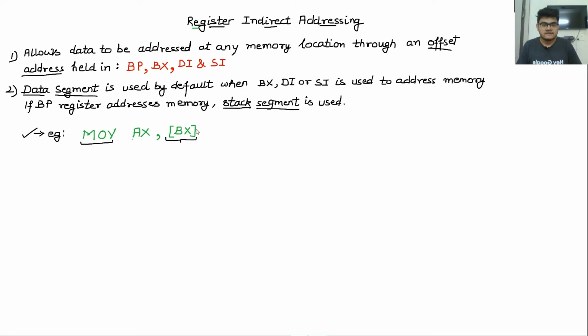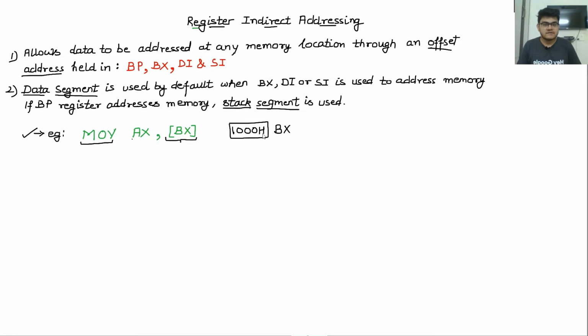These square brackets represent the offset address, or the memory address. Now let's suppose the BX register contains 1000H. So the content of the BX register is 1000H.